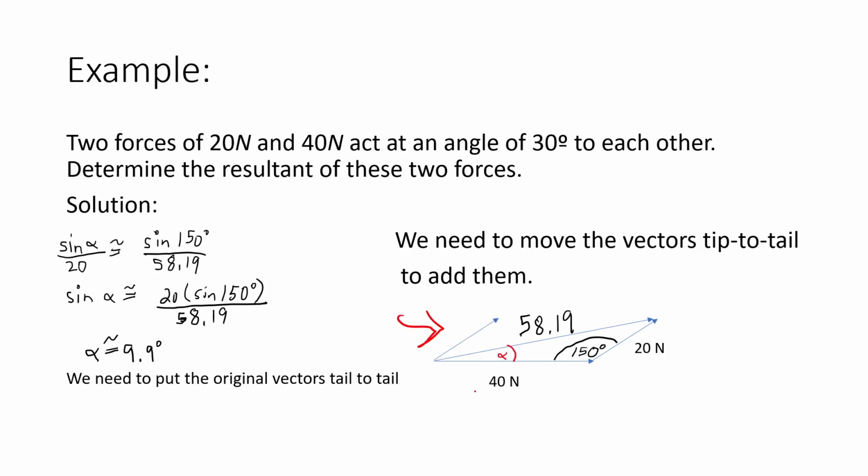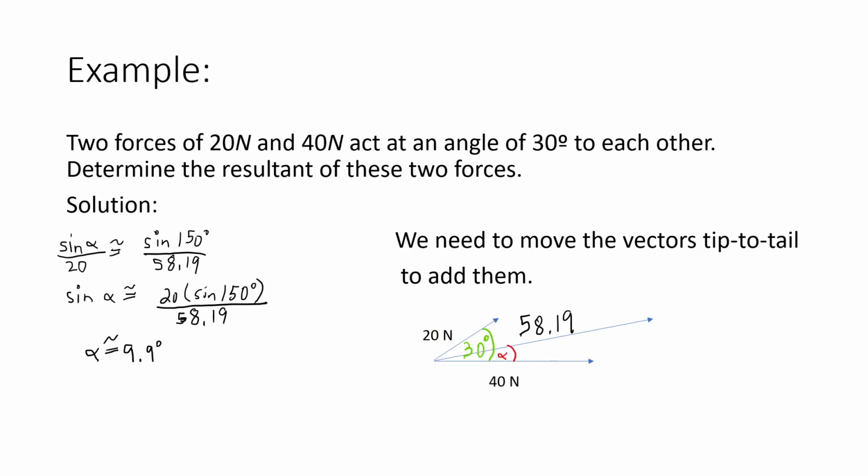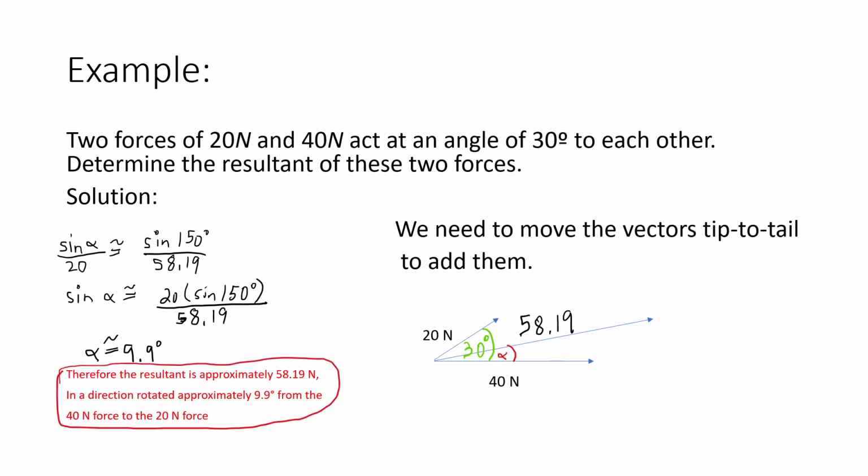And now we're going to try to remember that that was a 30-degree angle initially. If you go back to our original diagram, when we put those two forces tail to tail, that was a 30-degree angle. So we put that 30 degrees there, and now we can see that our alpha, that red angle at the bottom, is 9.9 degrees from the 40 Newton force to the 20 Newton force.